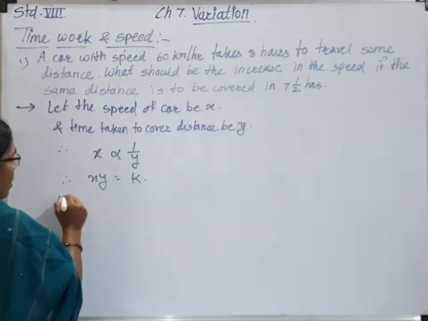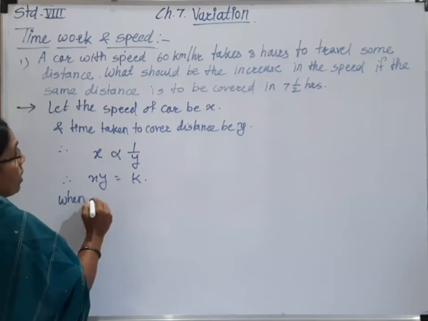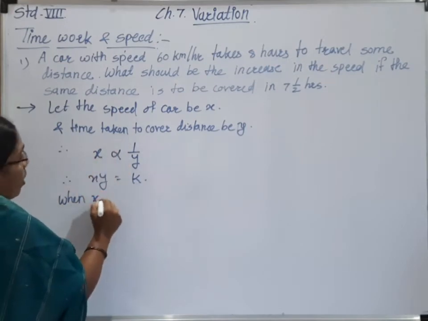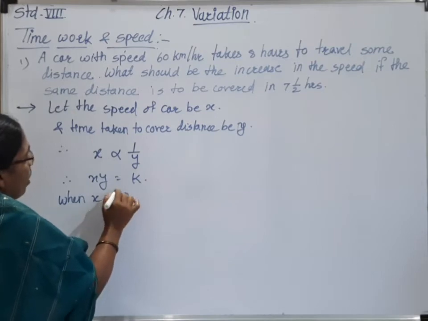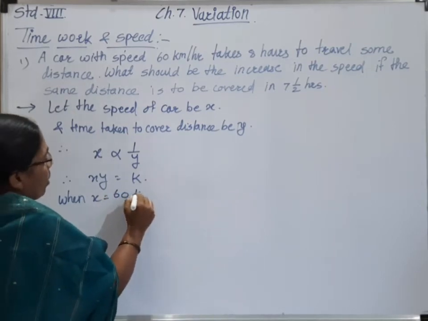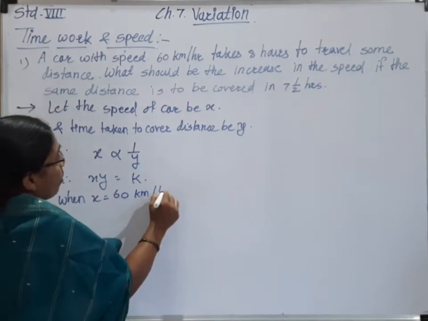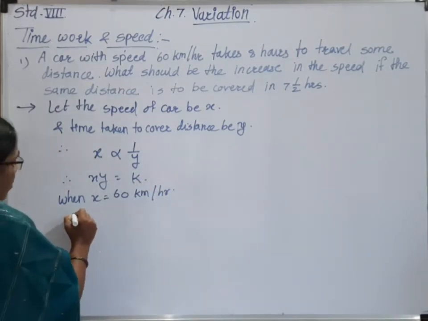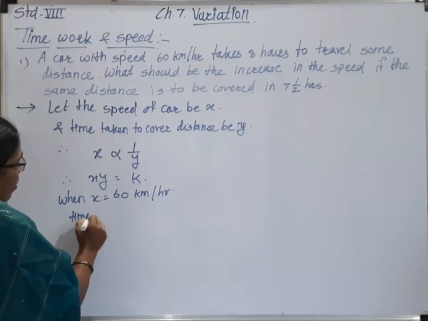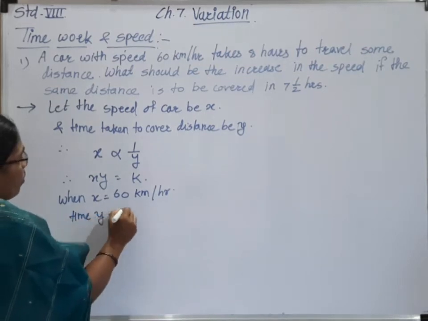Now when x is equal to 60 kilometer per hour, the time y is equal to 8 hours.